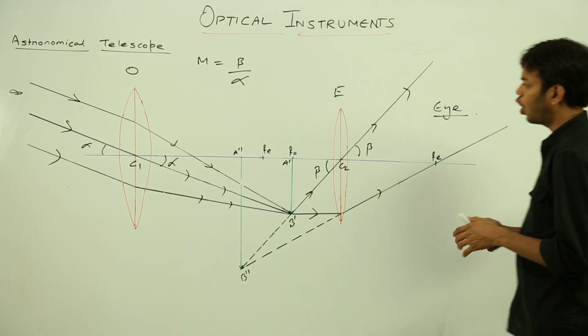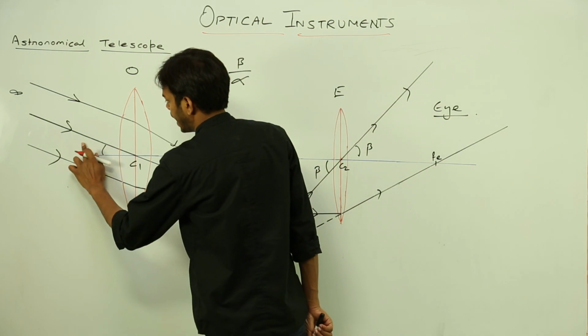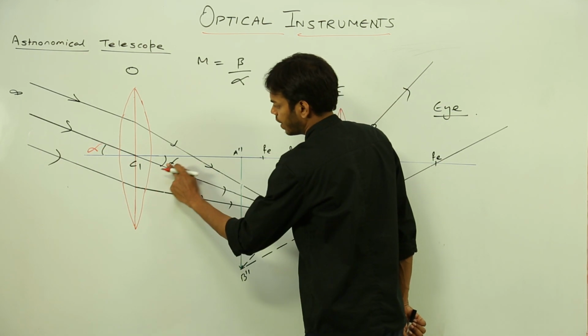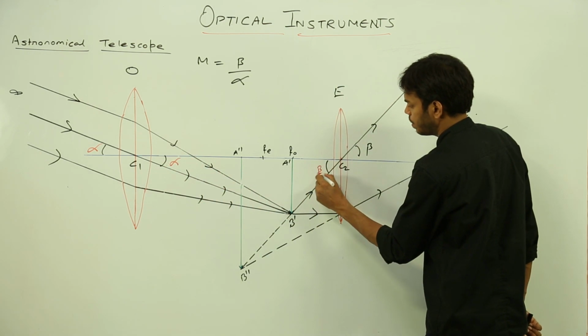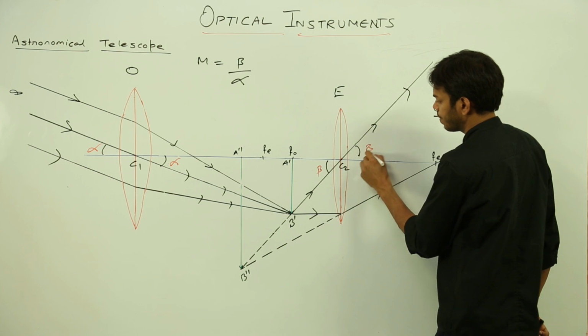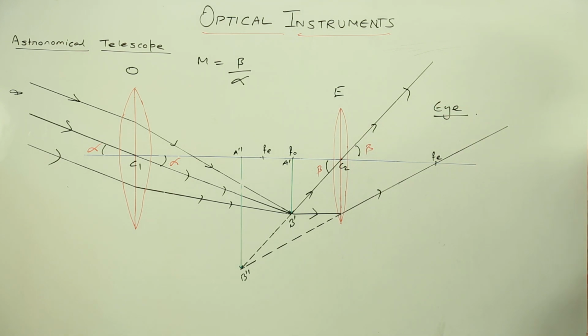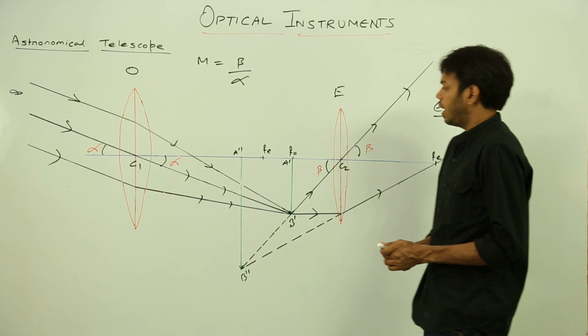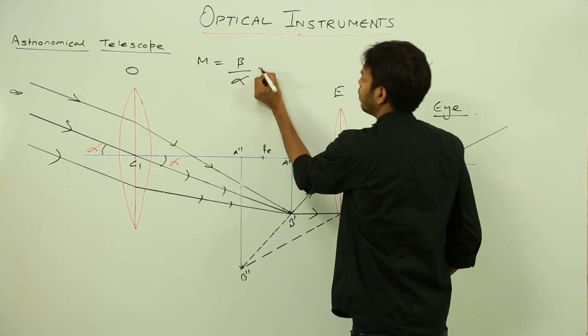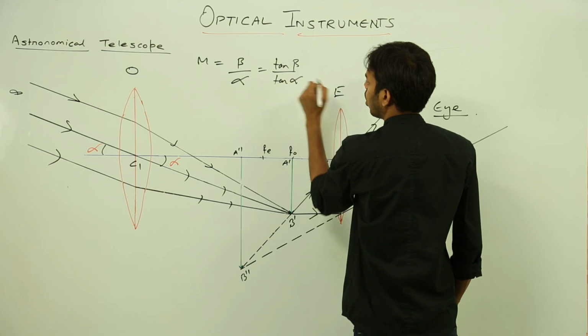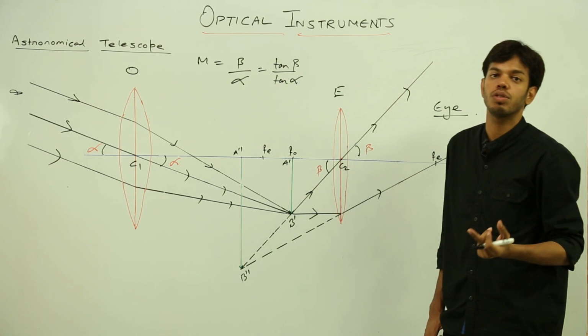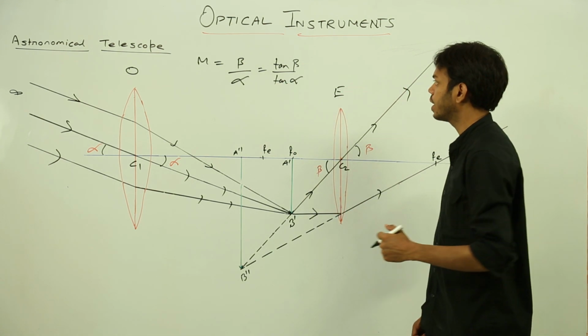If you want me to write the angles in different colors so that you can see them every time, this is beta, all right? Now the angles are more visible. Now beta upon alpha will be equal to tan beta over tan alpha, because when angles are small, sin theta tends to theta and tan theta also tends to theta.